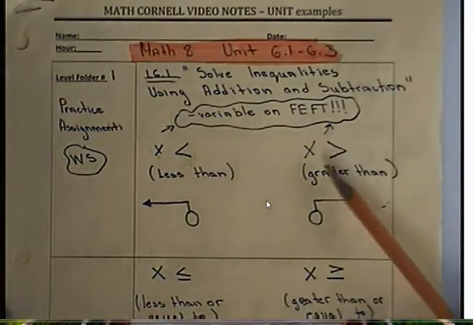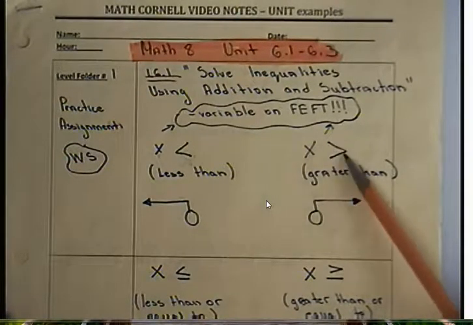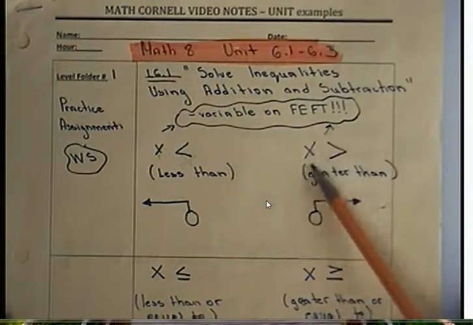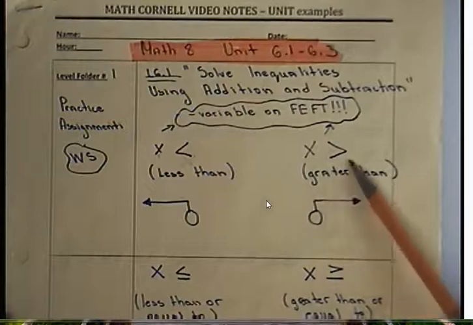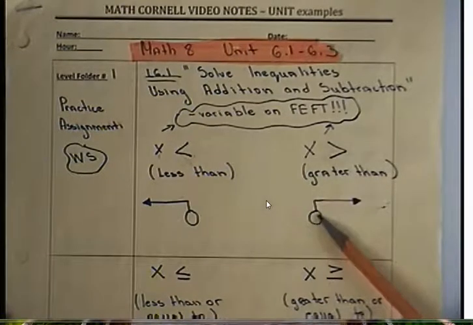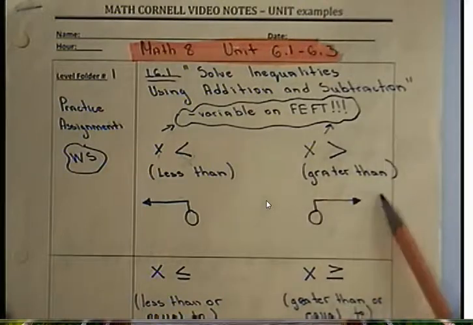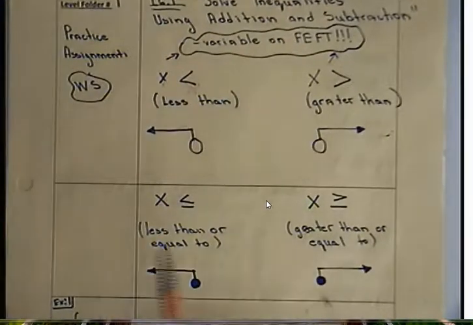And the second case here will be if we have x greater than. With this position of the inequality symbol, if the variable is on the left, it's called greater than. Again, there is no equal sign here, so we keep an open circle. All values for x greater than any number will be pointing to the right. Then we have another case in which x is less than or equal to.